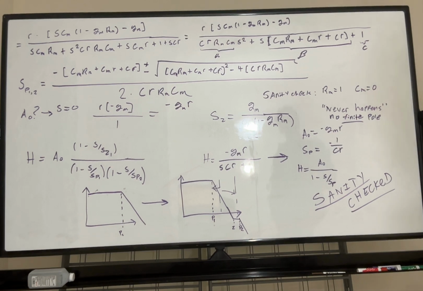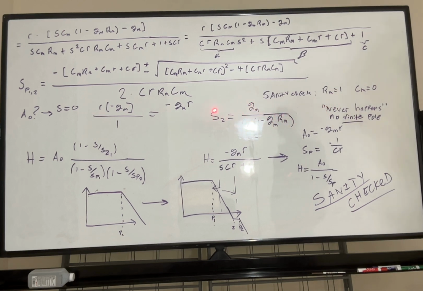Now, we want to do a sanity check real quick and say, hey, what happens if RM equals 1 and CM equals 0, right? So I'm saying, get rid of the Miller compensation. Show me what we actually get. Well, if you do that, the 0 goes to infinity because RM equals 1, so this is just a 1, but CM is 0.